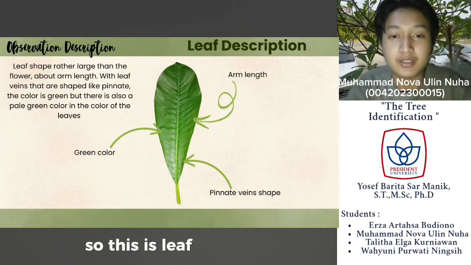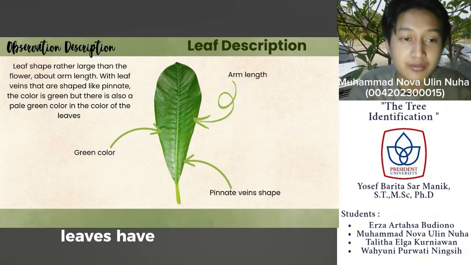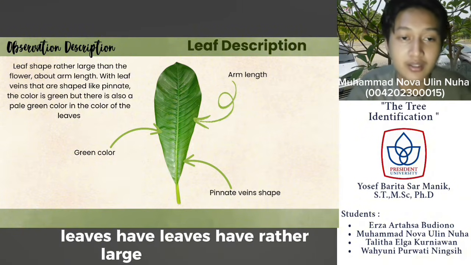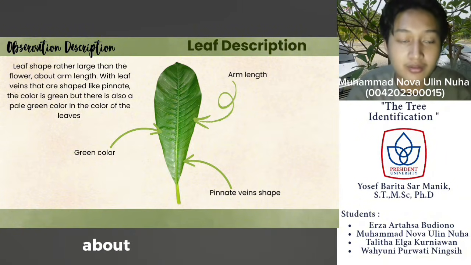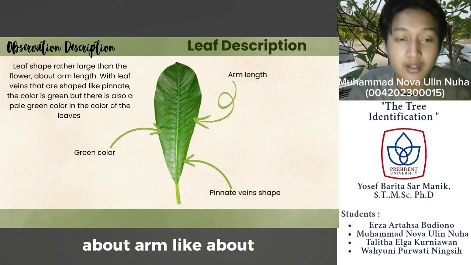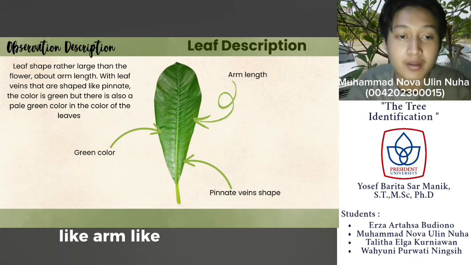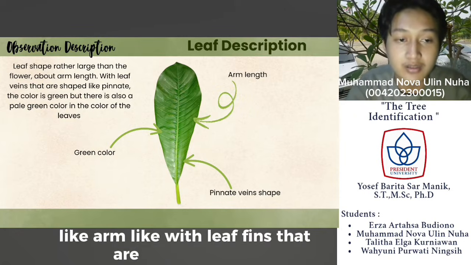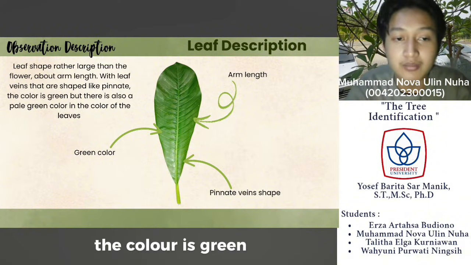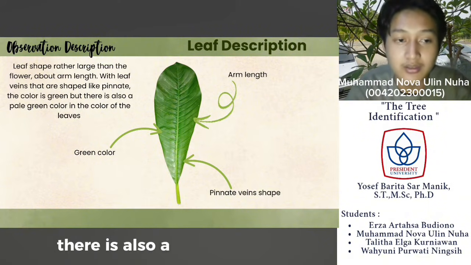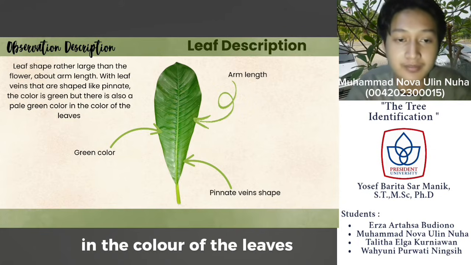So this is the leaf description. The leaf is rather larger than the flower, about an arm's length, with leaf veins that are shaped like pinnate. The color is green, but there is also a pale green color in the leaves.